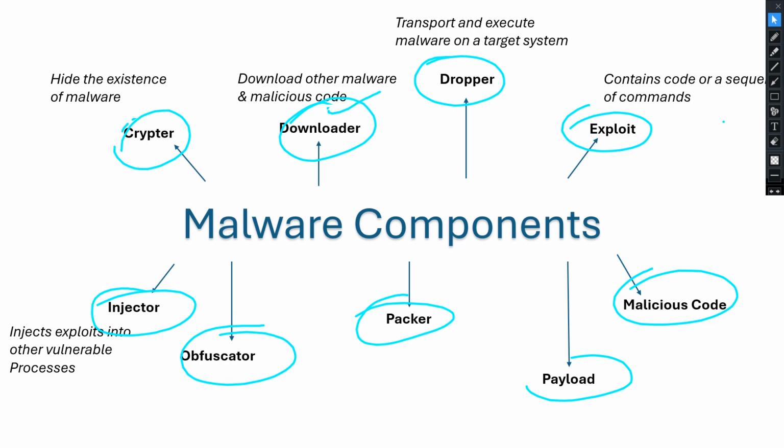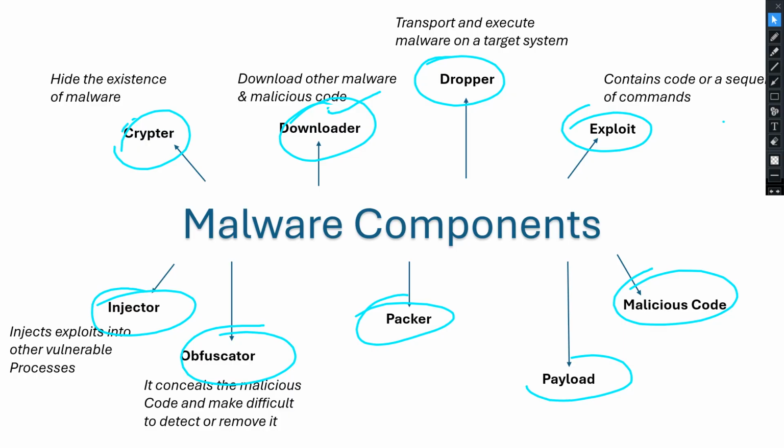Suppose there are some other vulnerable running processes going on, so it injects the malicious code into those and changes the method of execution. Then we have obfuscator. An obfuscator conceals the malicious code and makes it difficult to detect and remove. It's basically a program that hides the data or code, making it difficult to detect and remove.